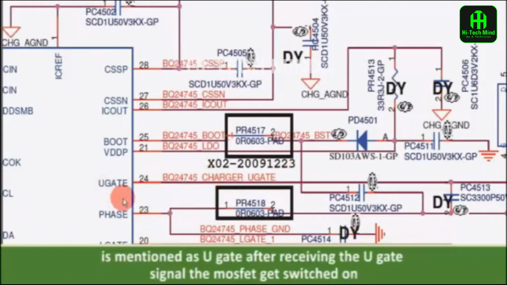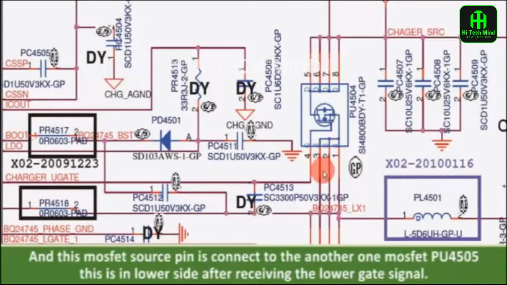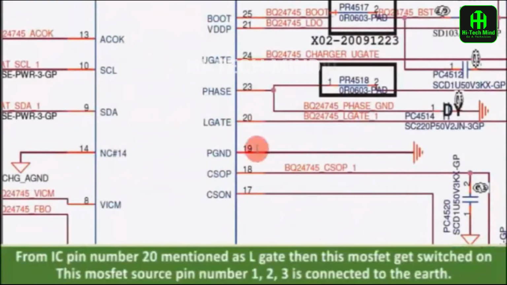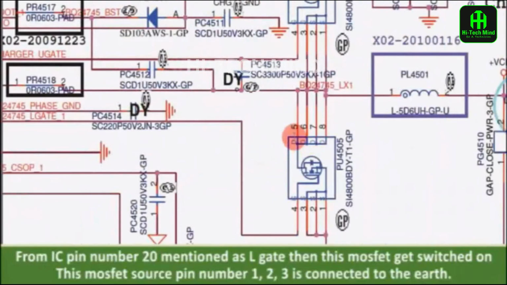After receiving the U gate signal, the MOSFET gets switched on, and this MOSFET's source pin is connected to another MOSFET, PU4505. This is the lower side MOSFET receiving the lower gate signal from IC pin number 20, marked as L gate. Then this MOSFET gets switched on.